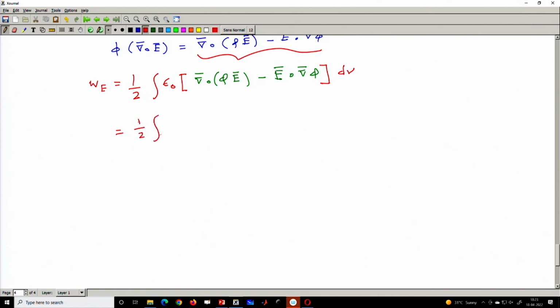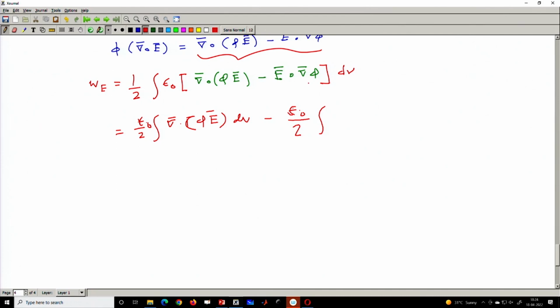So, half integration of epsilon 0, I can take it outside, and then the other term is the divergence of phi E dV, and then minus epsilon 0 divided by 2 times the integration of this term.